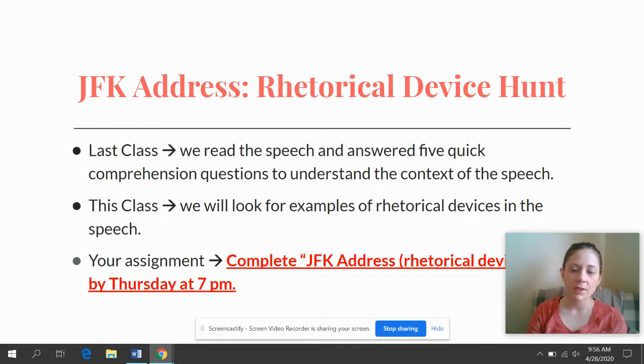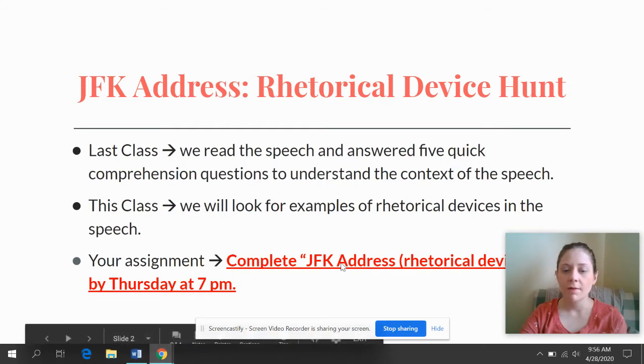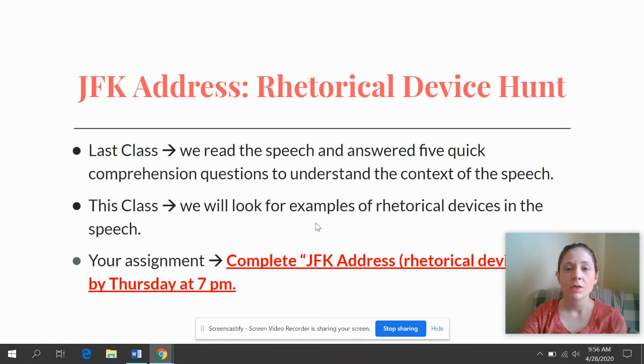Your assignment is to complete the JFK address rhetorical device hunt by Thursday at 7 p.m. I am going to give you 5 examples of each device, and then you are going to find your own in the same speech and record those.